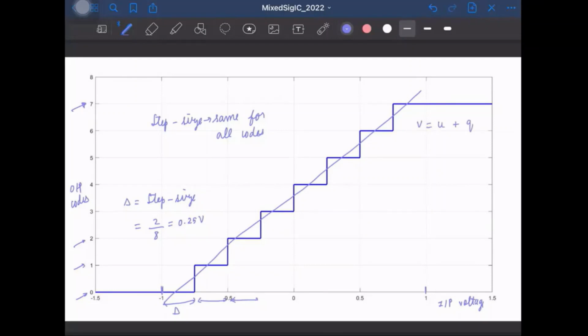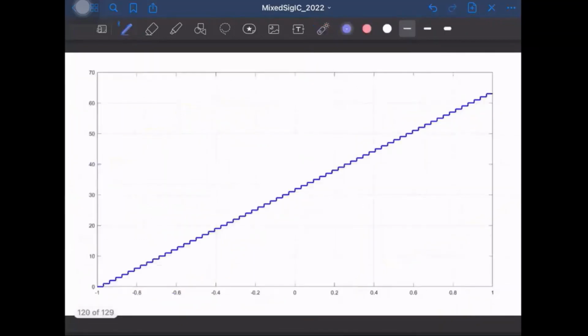The other way to think about this is that if you look at the same characteristic from a large distance, that is, if you zoom out this curve, you will not be able to see these jumps. You will essentially see only a straight line. Or let us say you squeeze in more and more levels within this range of -1 volt to +1 volt, such as the case here, where I have 64 levels between the same range.